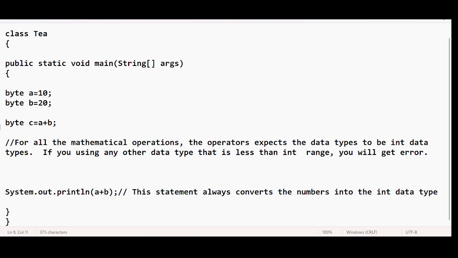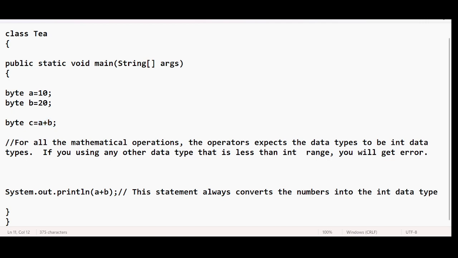So why are they pointing towards this question? It is very simple. The value of a is 10, so 10 is falling within the range, and 20 is also falling within the range. If I do c equal to a plus b, even the output is going to fall within the range.